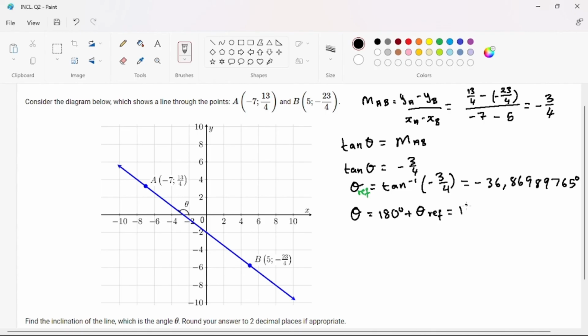So you are simply going to type this on your calculator as it is, guys, and then you are going to get your answer, my level 7 pioneers. So you say 180 plus, you open a bracket, you say answer, right? And then our answer is going to be 143.13 degrees.